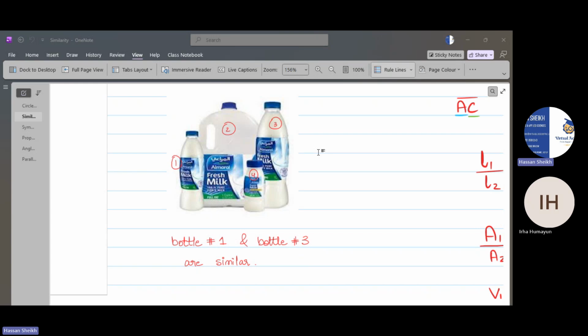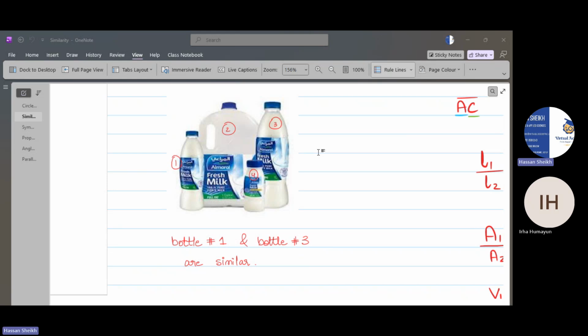Now understand the similarity here. We have four different kinds of milk containers, or you could say bottles. Bottle number one and bottle number three are similar. Why are they similar?